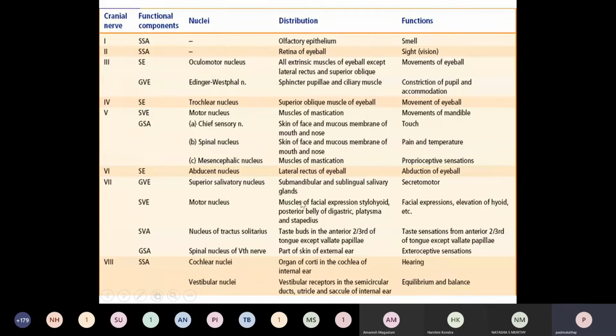All these you have studied in embryology also. Then the nucleus of tractus solitarius carries the special visceral afferent fibers that carry the taste sensation from the anterior 2/3 of the tongue. Then the vestibular and cochlear nuclei carry the special somatic afferent fibers for hearing and equilibrium.